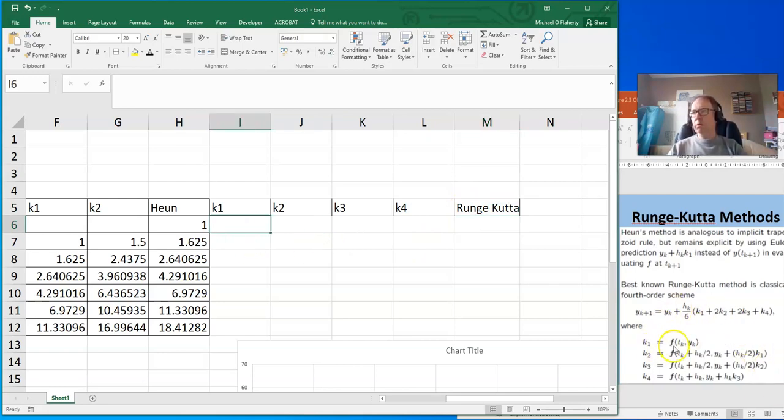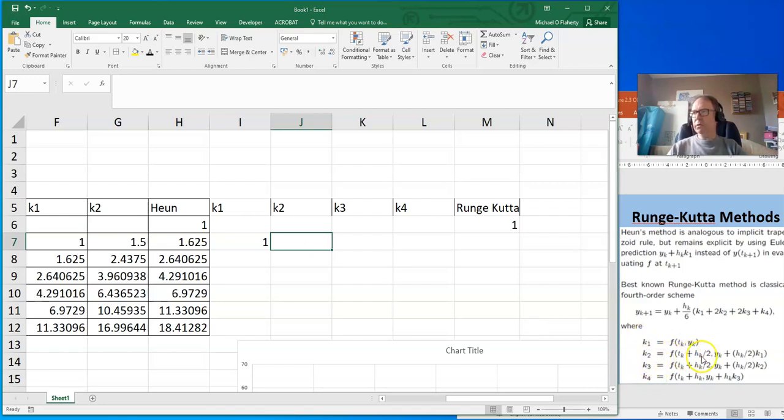So k1 is equal to the value of the function at tk and yk, the previous values of t and y. We have our first solution y0, so we're going to use that y0 as yk here. k1 is the function lambda y, so equals our slope, lambda times y. That's the only value of y we have, and we put it in there. So our initial guess of the slope is a slope of 1.